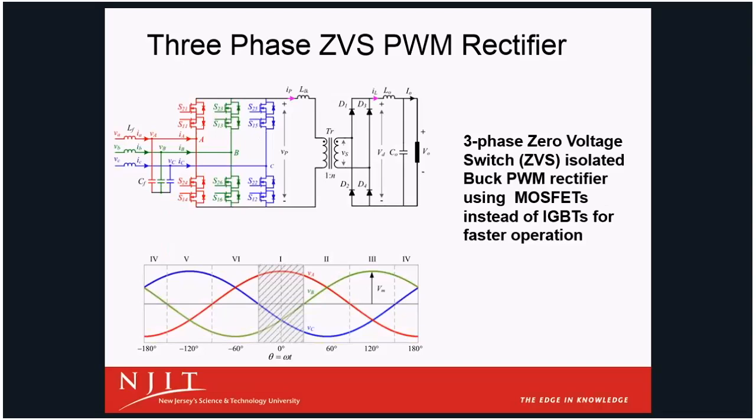The reason for that is IGBTs are generally slower and cannot operate at high switching frequencies, so you have some drawbacks there. Also, IGBTs have greater conduction losses at medium power.